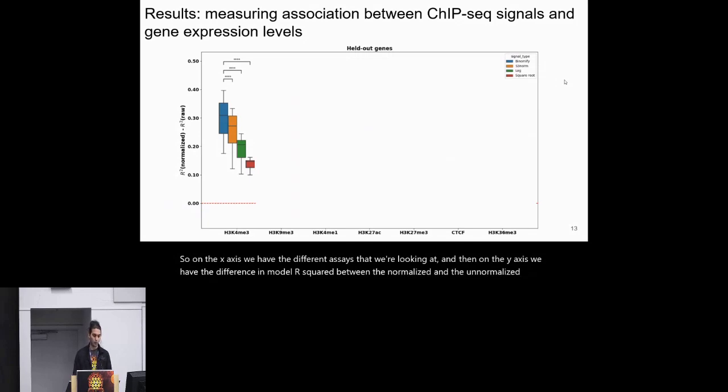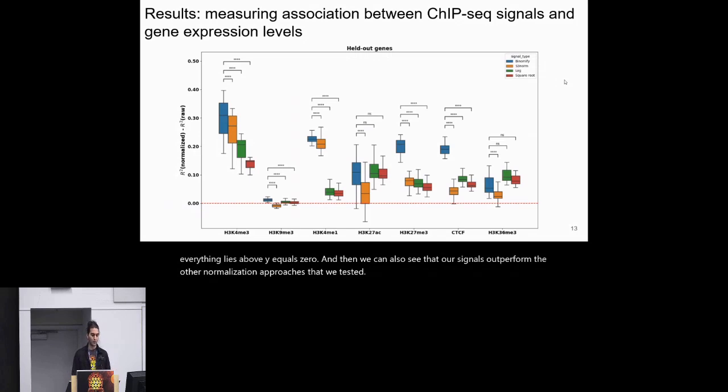For example, what we can see in the first column is that all of the normalized signals outperform the unnormalized ones at the predictive task because everything lies above y equals 0. We can also see that our signals outperform the other normalization approaches that we tested.